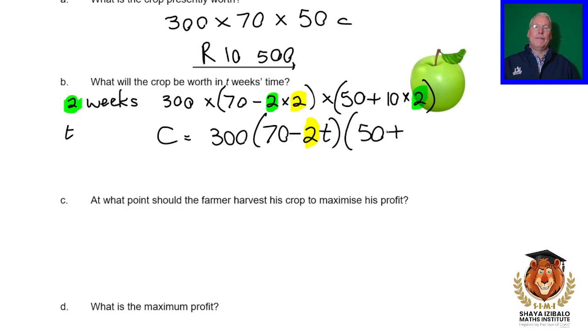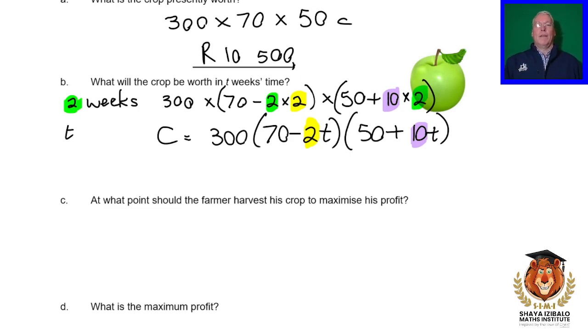We didn't actually highlight that 10 previously, but that 10 there is the 10 cents. So that's what the crop will be worth.